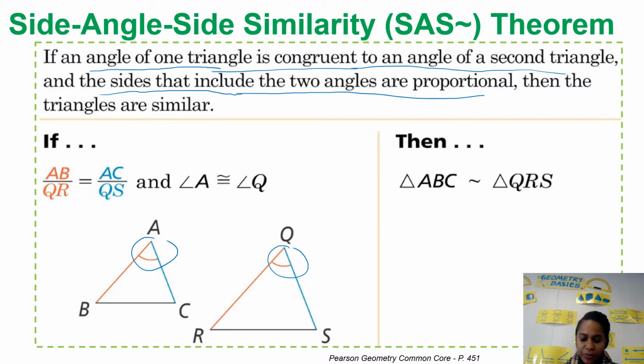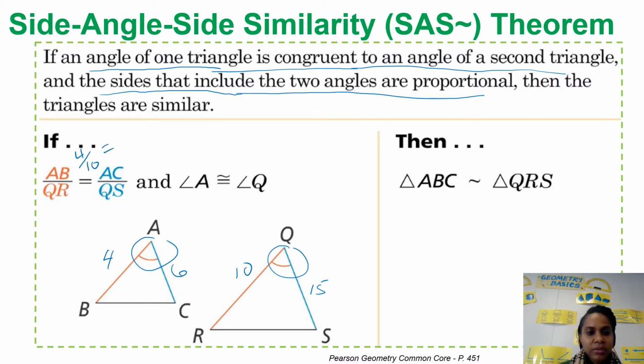So as an example, let's say this side, AB, was 4, and this side, QR, was 10, and AC, let's say that was 6, and QS is 15. So AB over QR would be 4 over 10.